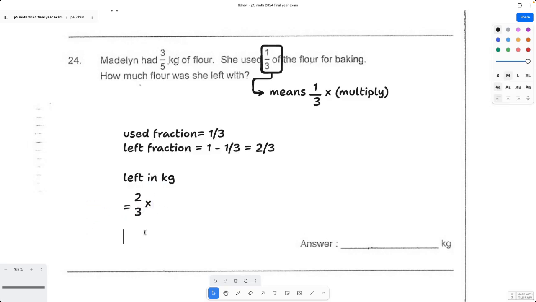If I just draw the two lines, we can cancel the 3 and 3. So that means the answer to this is equal to 2 out of 5 kilograms. And that's it. 2 out of 5 kilograms, that's the answer.